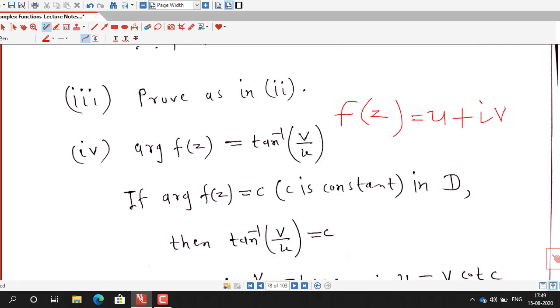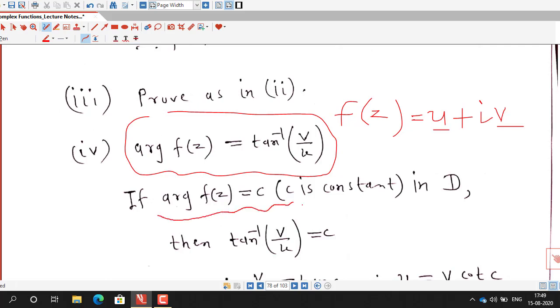Therefore, argument of f of z is by definition tan inverse of imaginary part divided by real part of f of z. So we can write argument of f of z equal to tan inverse v by u. Now suppose argument of f of z is c, where c is constant.